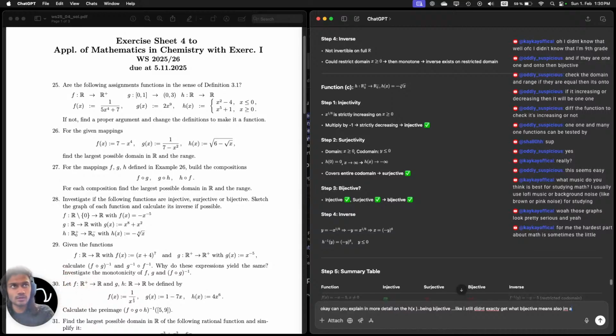Also, I'm a bit confused on the surjective part too, because when you said domain and codomain, my brain is not coming up with an exact definition of what they were.